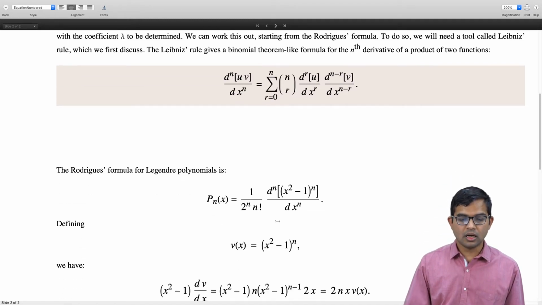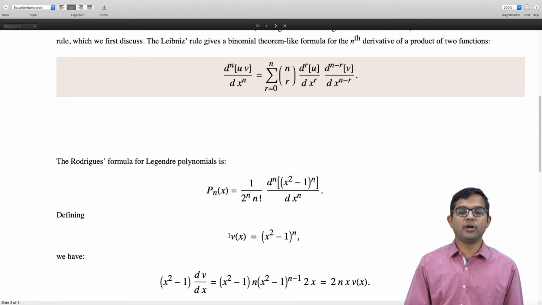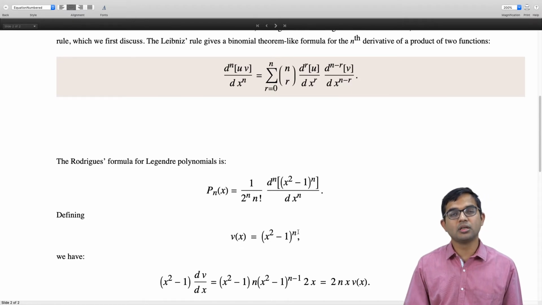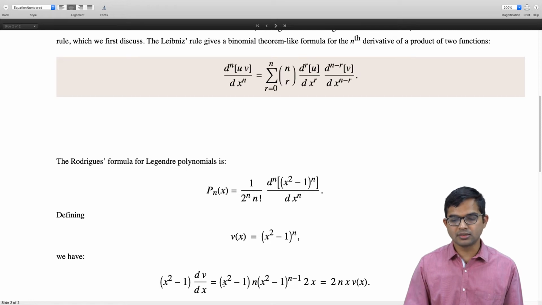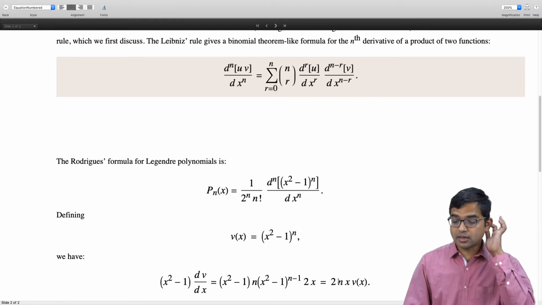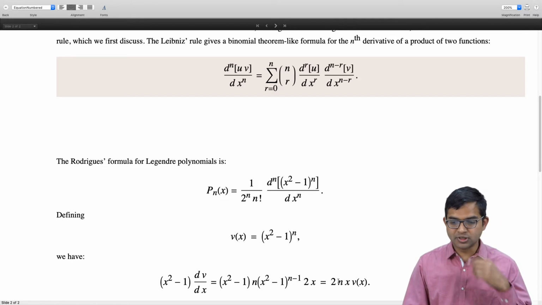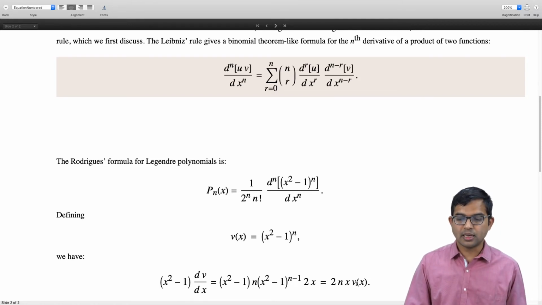Now suppose we take the derivative of this function: dv by dx is n times (x squared minus 1) to the power n minus 1. Now it's convenient to multiply this derivative by x squared minus 1 so that you basically get back v itself. So x squared minus 1 times dv by dx will be just this extra factor 2 times n times x times v of x.